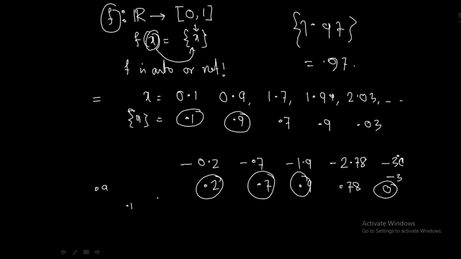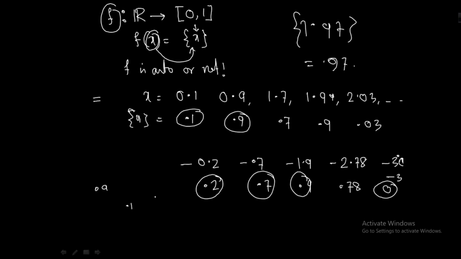If you choose 5.000000001, the image will be 0.000000001, and so on. If you choose 7.8, then the image will be 0.8. So you can get each and every number from 0 up to that particular number which is just before 1.